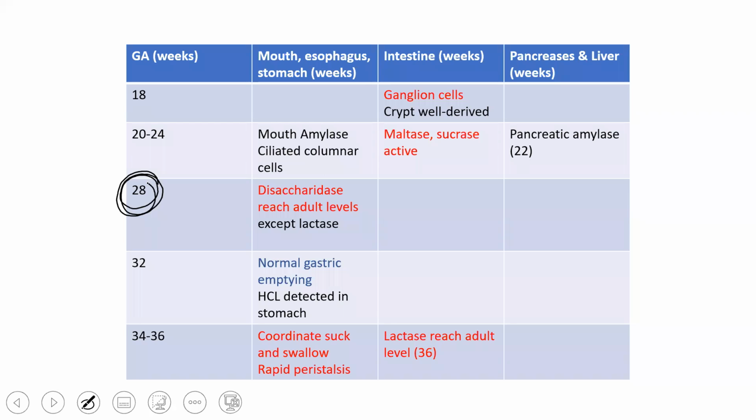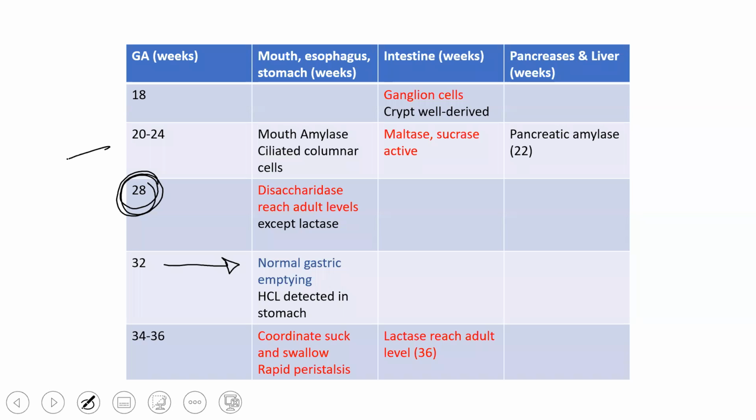That's the second or third board question: the disaccharidase enzymes reach adult values, all of them except lipase, which is reached around 36 weeks. The same, we said, around 34 to 36 weeks, when the baby starts swallow-breath coordination. Clear?